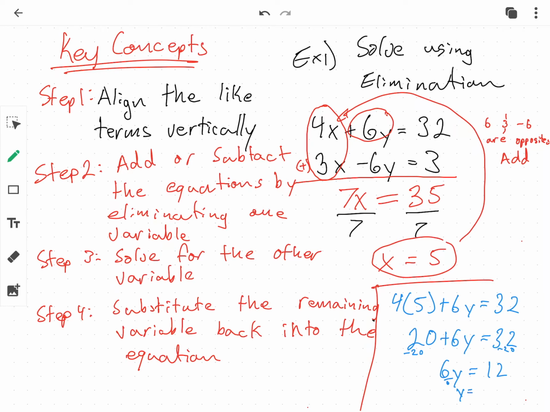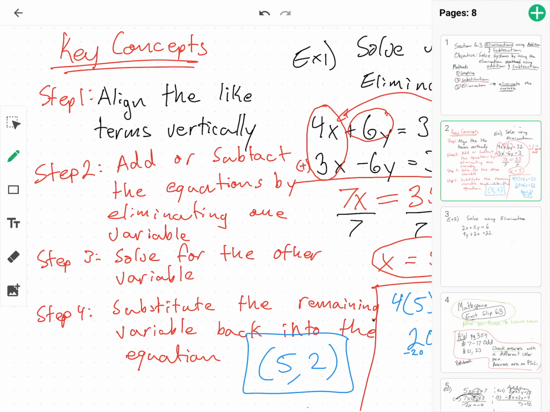So y is equal to, divide both sides by 6, y is equal to 2. Okay? So our solution is 5, 2. This solution represents the point where these two equations intersect. And you could substitute that in to check, but it has to be true for both of them.